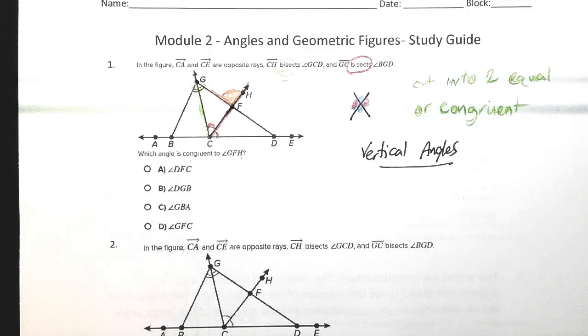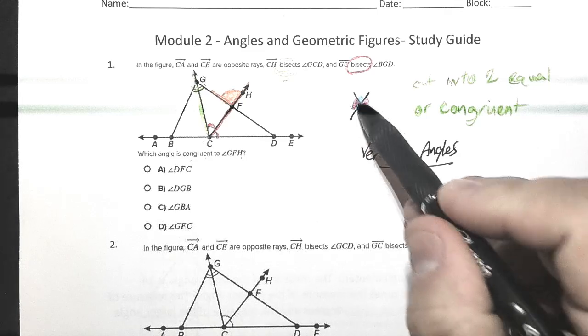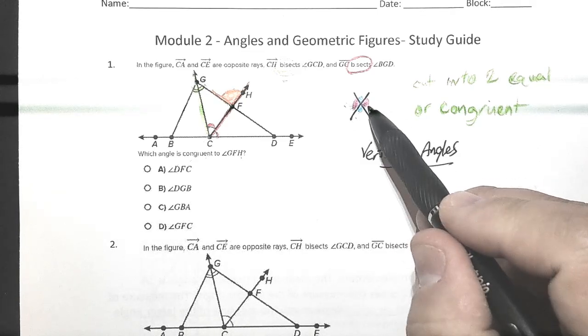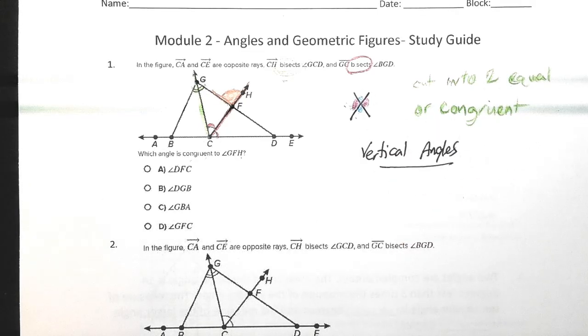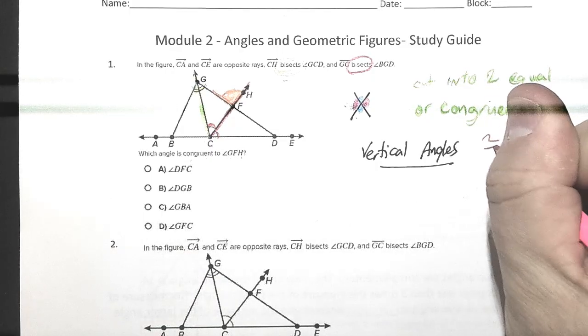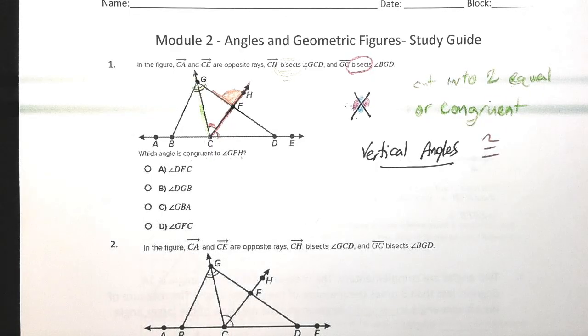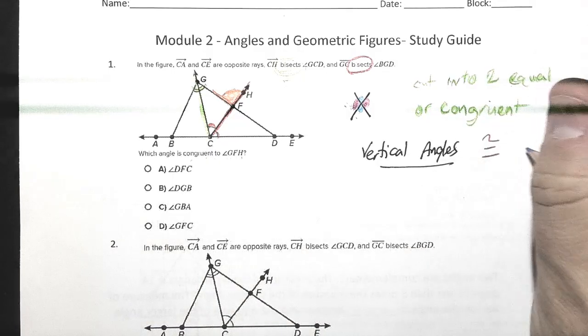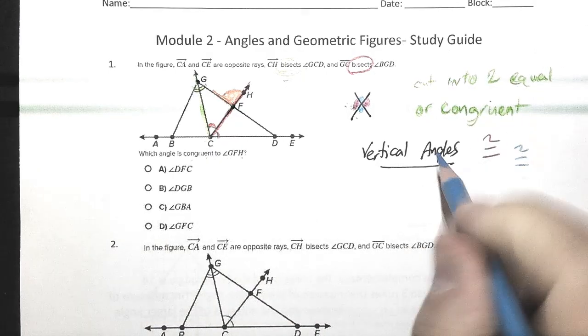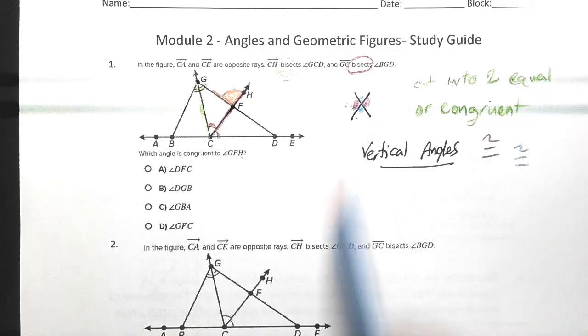Anything across from each other, on top of each other or next to each other, those are congruent. Blue is congruent to blue, pink is congruent to pink.